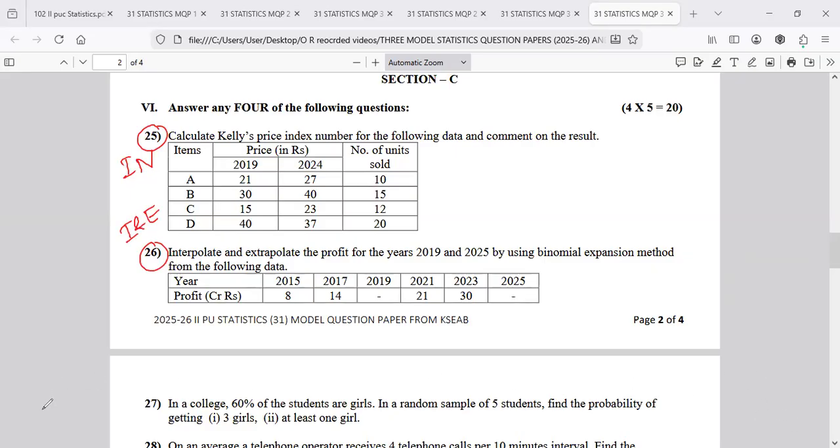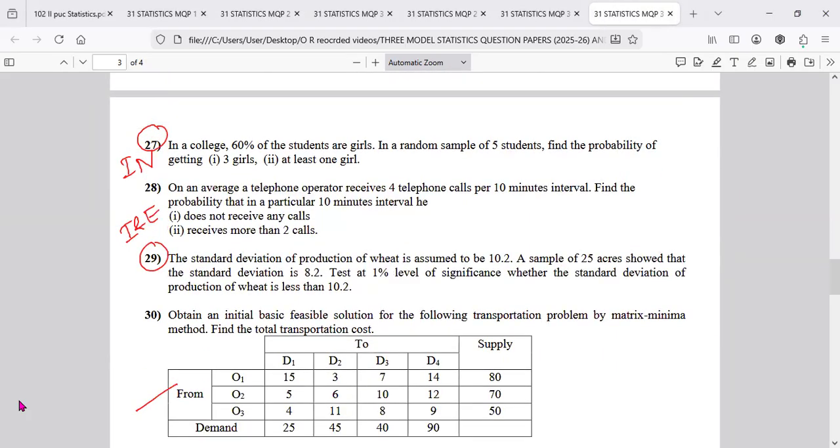Fine. Then question numbers 27, 28 are theoretical distribution, 29 is SQC, and question number 30 is operation research.